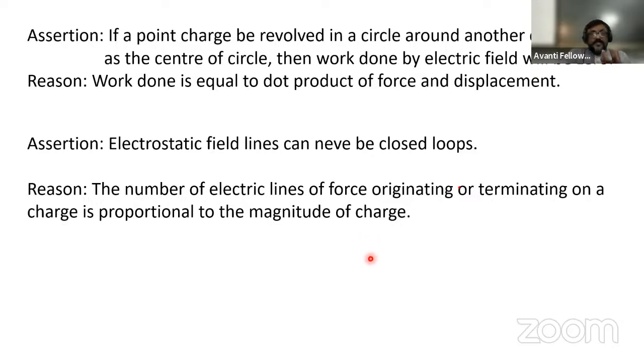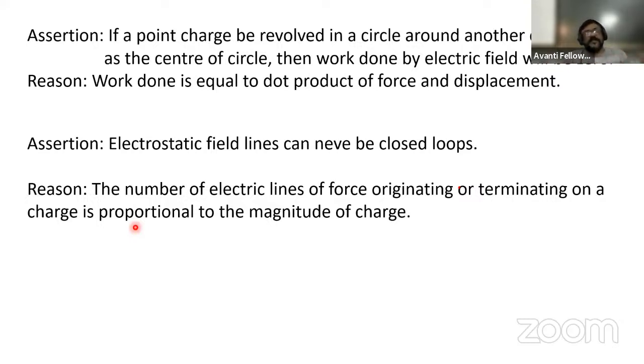If we have a large number of electric field lines going towards a particular body or surface, or a large number of electric field lines moving away from a particular surface, what does it indicate? There is a property of electric field lines: in a very strong electric field, the lines are crowded, and in a very weak electric field, the lines are separated by a large distance.